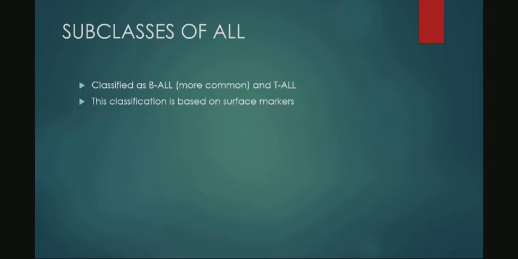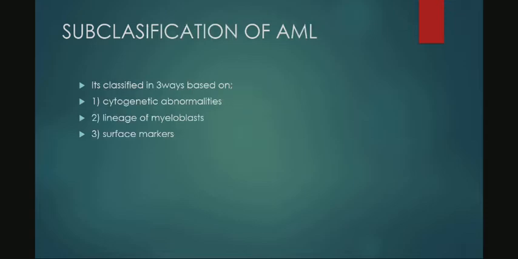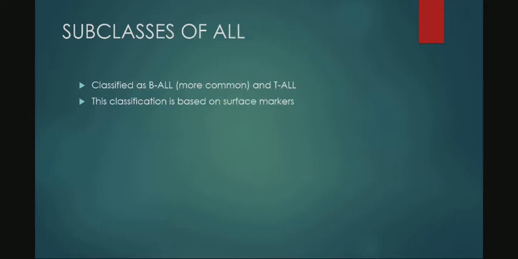Okay. So, with that understanding, we can now move on to the other aspect of T-ALL, because we've described B-ALL in detail, but now we also have to understand something about T-ALL in detail.